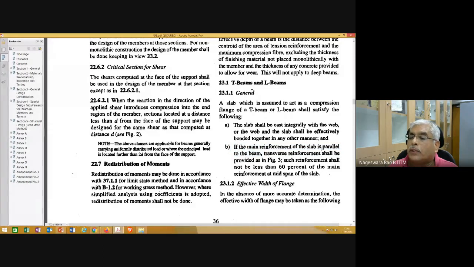If the main reinforcement of the slab is parallel to the beam, the transverse reinforcement shall be provided as given in figure 3. Such transverse reinforcement shall not be less than 60% of the main reinforcement at the midspan of the slab.